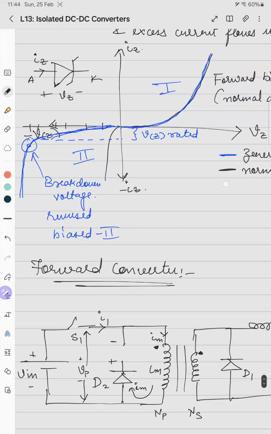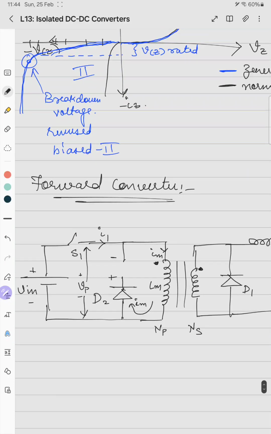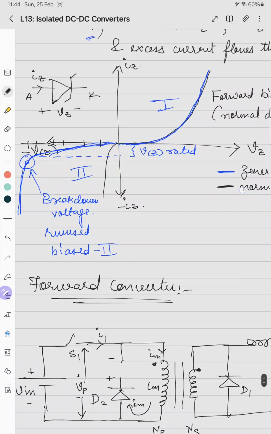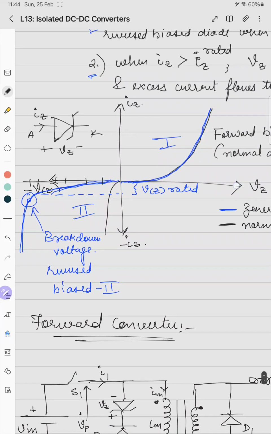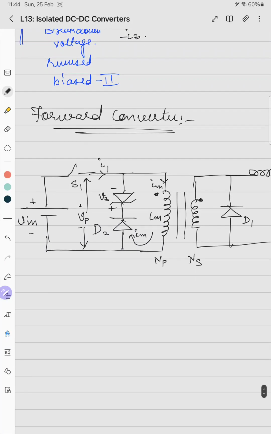Positive should be at the cathode, and cathode is the tip of it. So it should be like this. This is voltage VZ. Then what should be the current through it? The positive direction of current is from anode to cathode. So we'll follow this particular notation only in the reverse bias region, or we can change the sense in which we are doing.